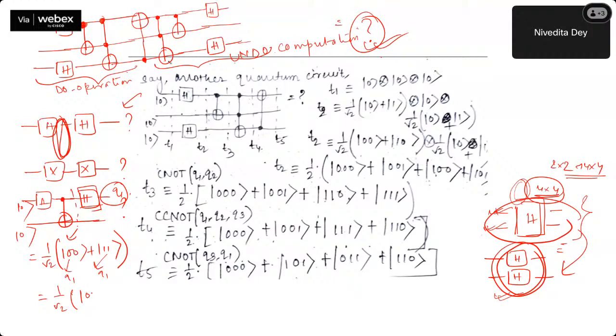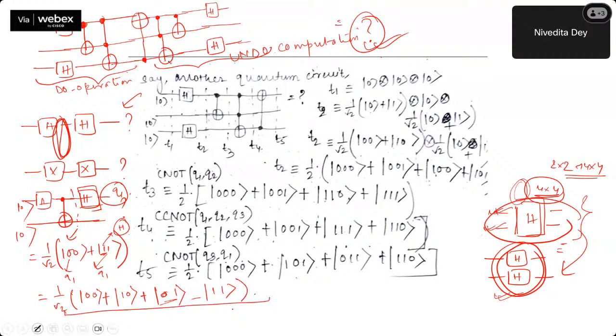It will be 00 plus, from here, 10 plus 01, and here it will be 01 minus 11. This is what you are getting.